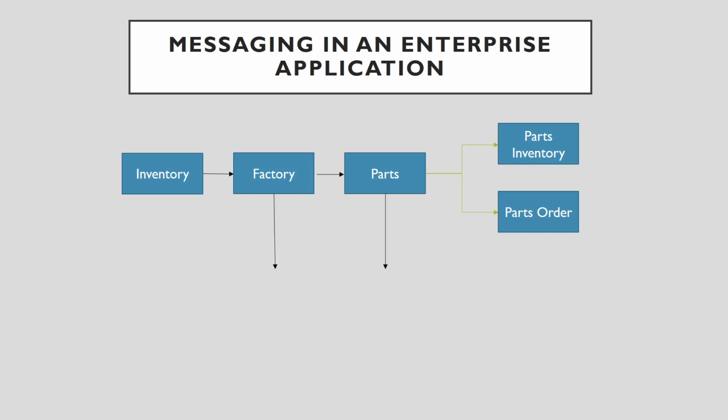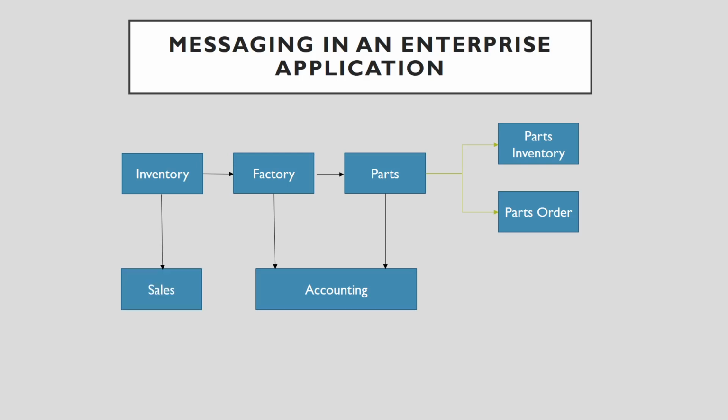And both factory and parts components can send messages to the accounting component to update budget numbers. And the business can publish updated catalog items to its sales force. So using messaging for these tasks allows the various components to interact with one another efficiently without tying up network or other resources.